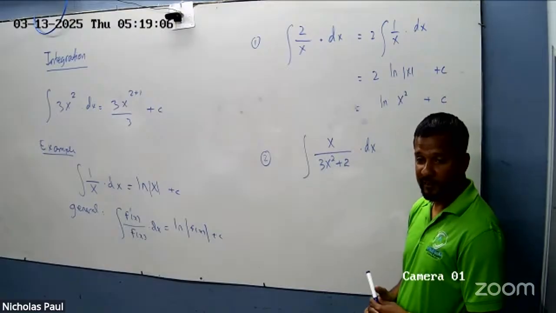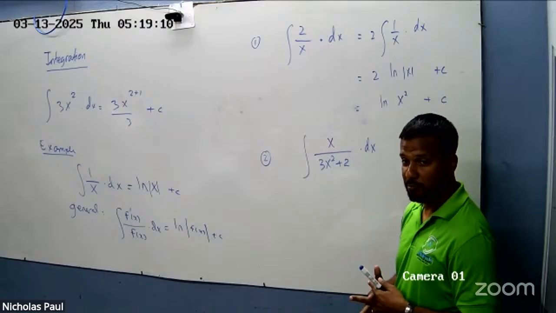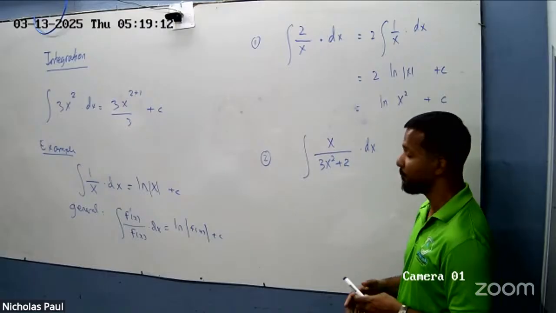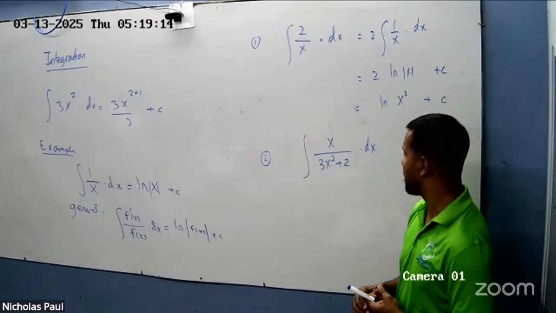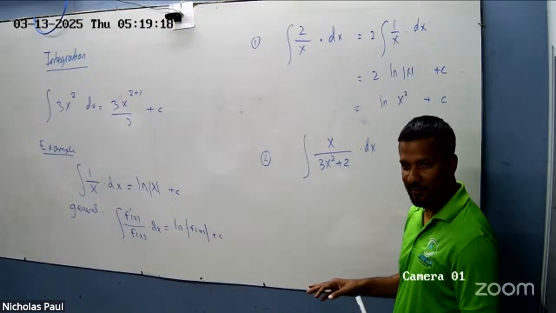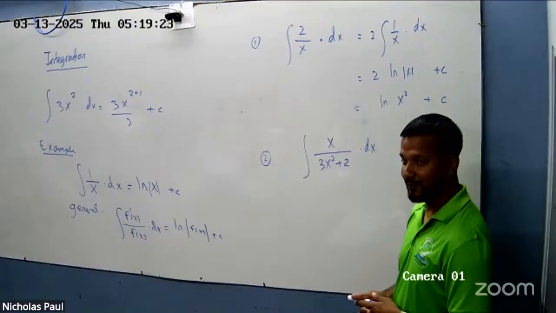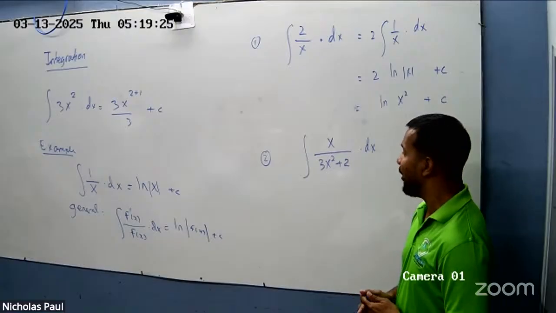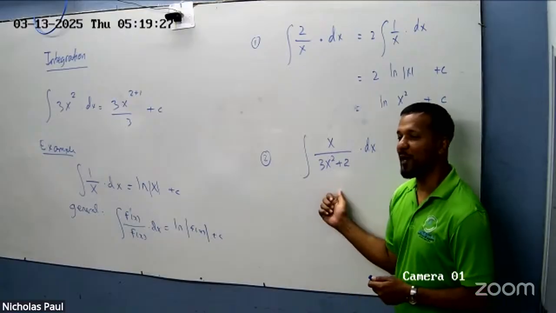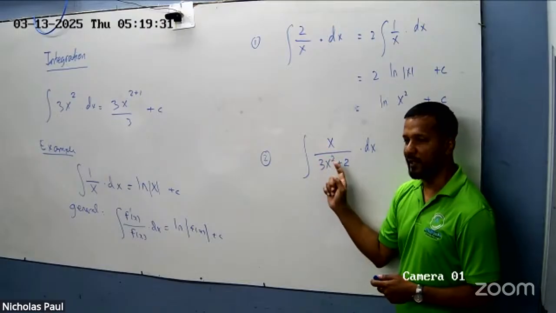Any answers? Right, why would I make this work out earlier? If the numerator was what, it would have been easy.